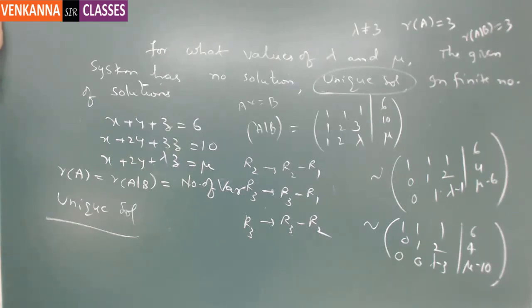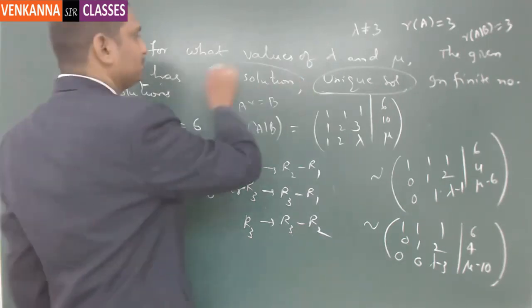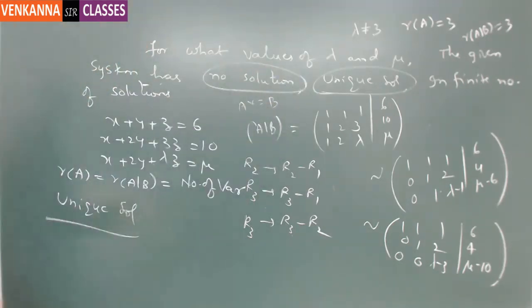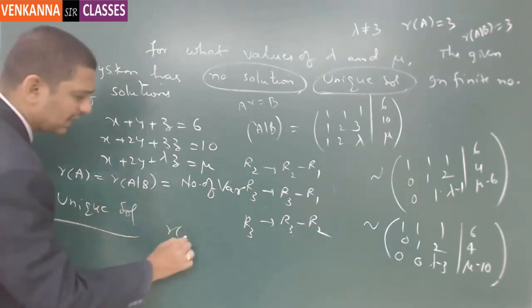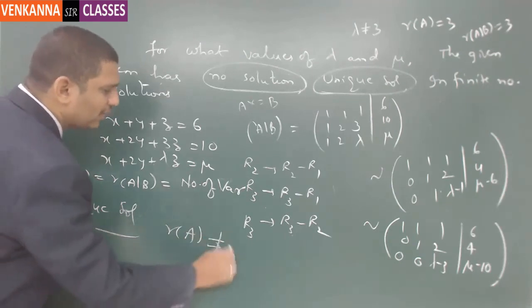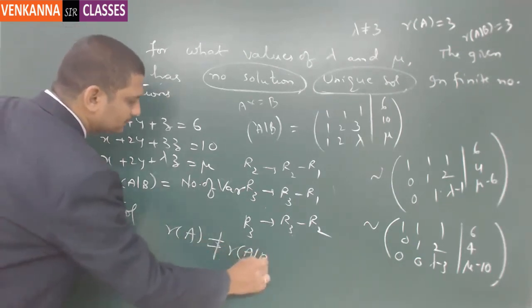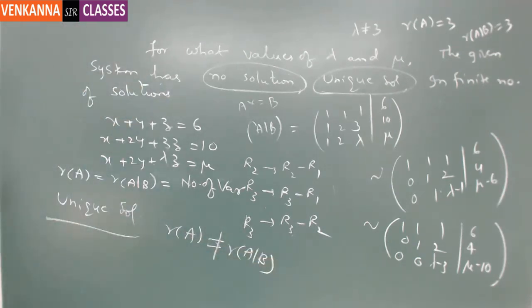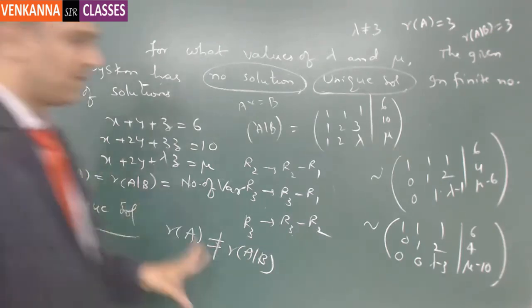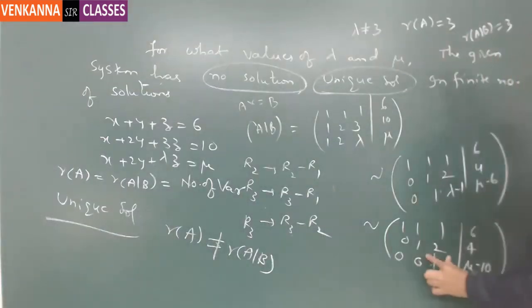Now coming to the no solution case, no solution appears only when rank of A is not equal to rank of A by B. That is possible whenever this entry is 0 and this entry is non-zero.